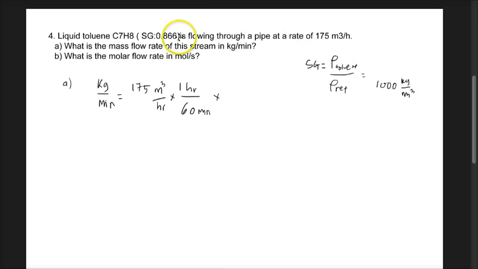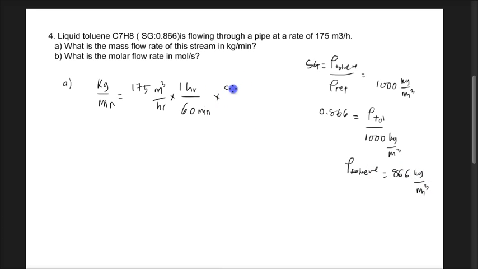Since the SG is given as 0.866, 0.866 is equal to the density of toluene over 1000 kilogram per meter cube. So the density of toluene will be 866 kilogram per meter cube.